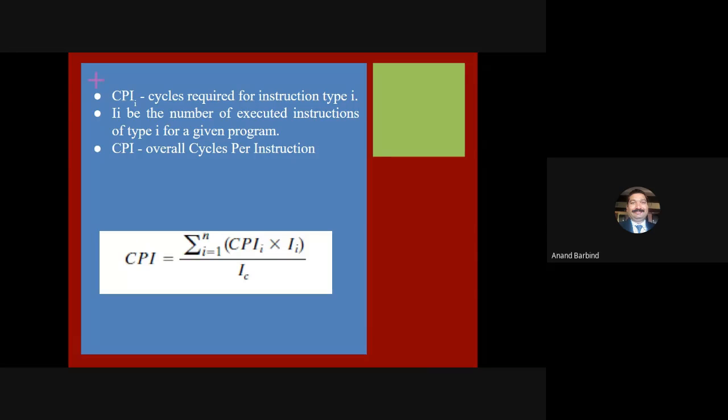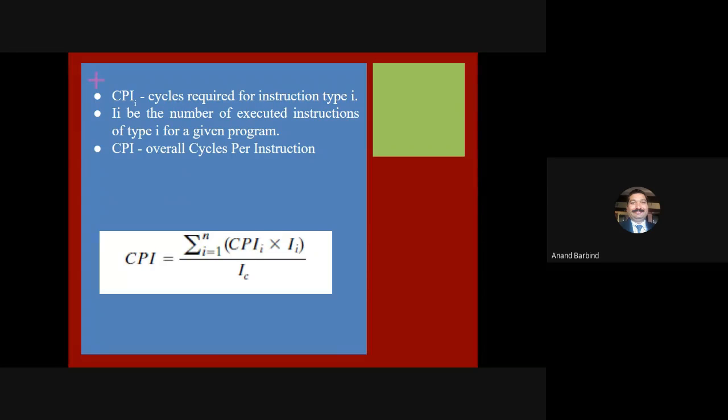Cycles means clock periods, that is, how many system clocks are required per instruction. That clock has a fixed frequency, so in 1 second there is a fixed number of cycles of the clock frequency. So CPI is defined as cycles per instruction. But the number of cycles required per instruction may be different for different instructions.